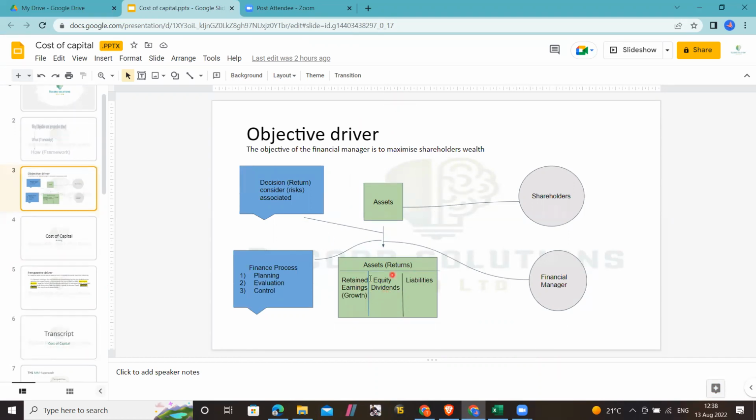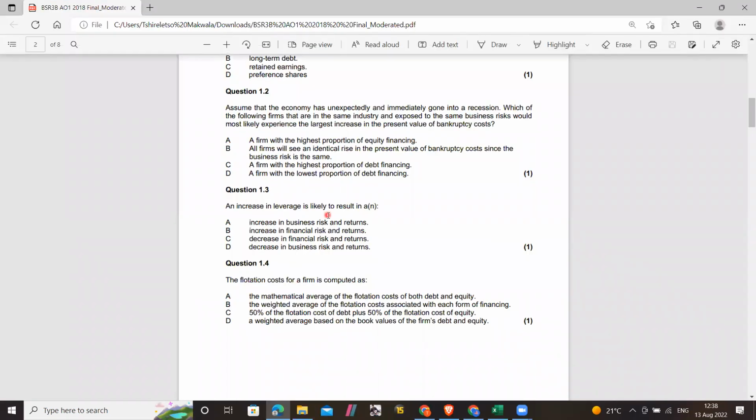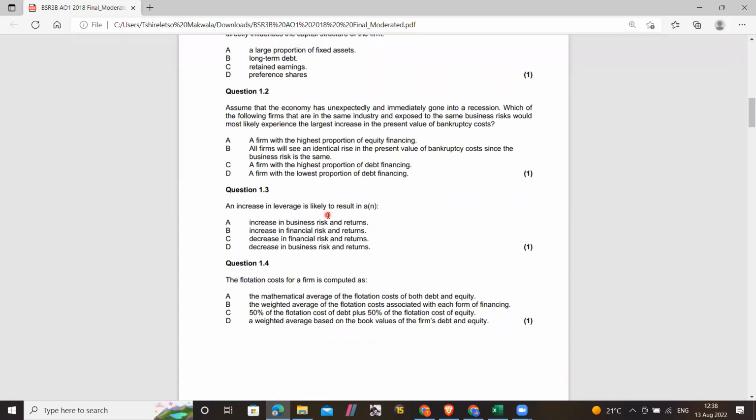However, equity holders. The reason why we say you are leveraging on debt is because equity holders are going to want a variable return, right? So let's say the returns that you got as a business in total are 40%.